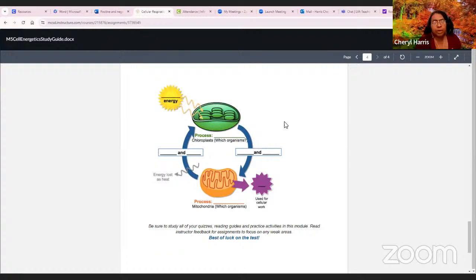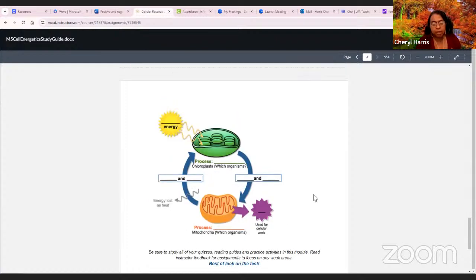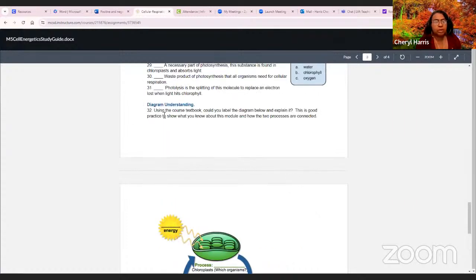All right, so for this part of the worksheet, you're going to fill in all the blanks, and then you're going to type a short paragraph down to the bottom to explain what this picture represents. Now, we may not get to discussing that, but I just wanted to make sure that you understood it. You can go back and look up as much as you like.